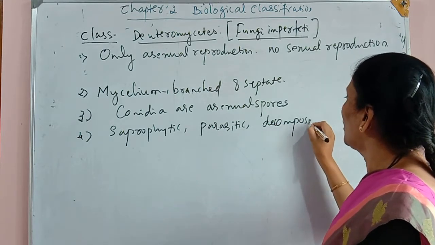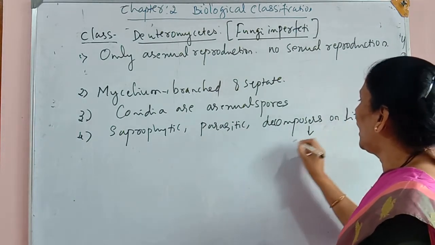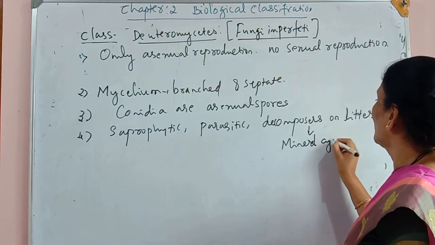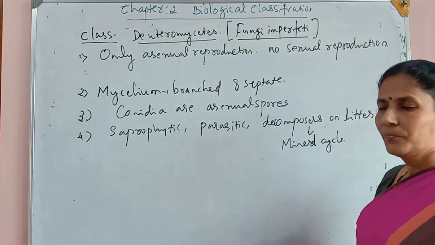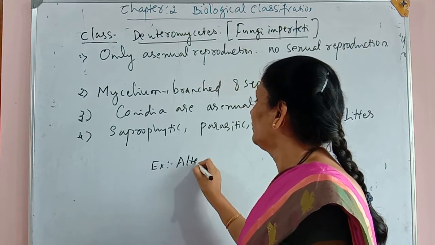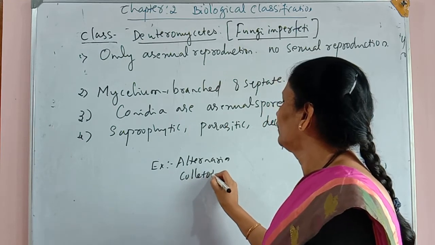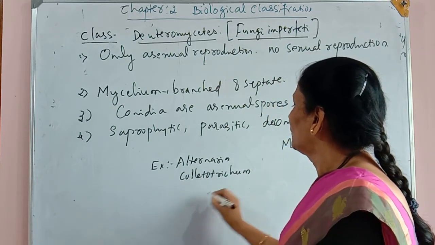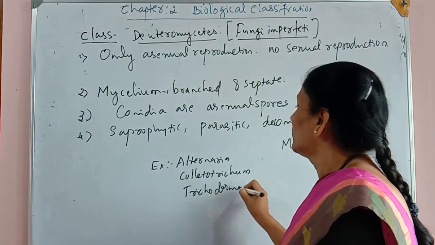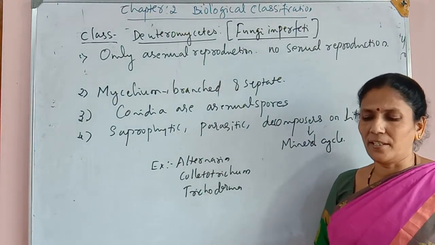Most of them are decomposers on litter, and in this way they help in mineral cycling. Examples for this group: Alternaria, Colletotrichum, and Trichoderma. So these are the examples of class Deuteromycetes.